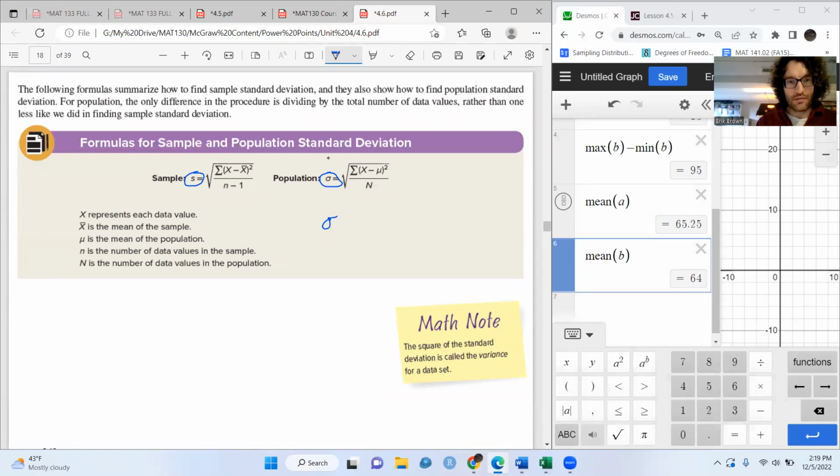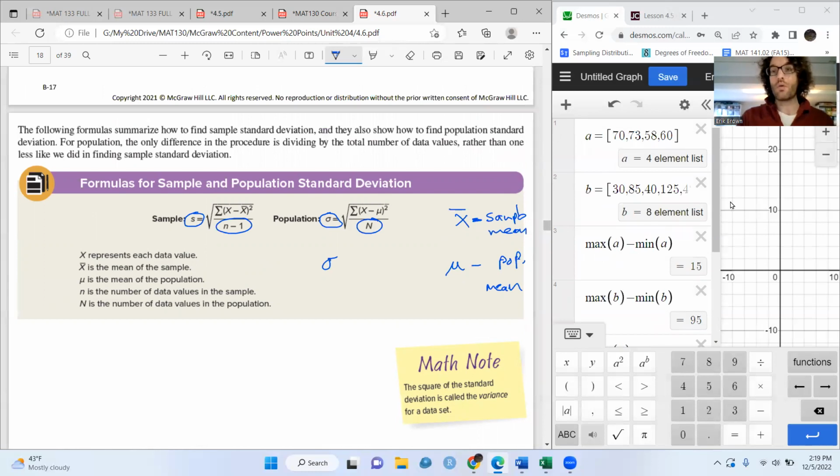Notice the only thing different between the two formulas is that we're dividing by a slightly different number. X bar, remember, is sample mean, and mu is population mean. And the calculator doesn't know the difference between a sample or a population in a data set.